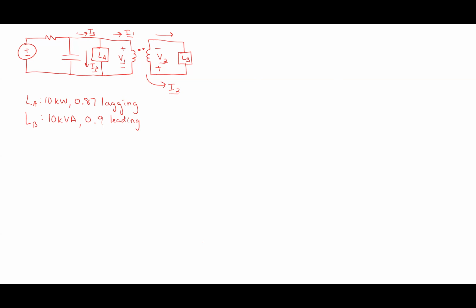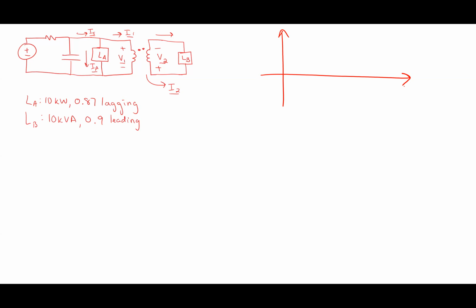So what have I been told by being told 10 kW? I've been told that P, okay? And which quadrant am I drawing this guy in? It's 0.87 lagging. So lagging tells me that it should be in what quadrant? First quadrant. Tells me it's an inductive load.